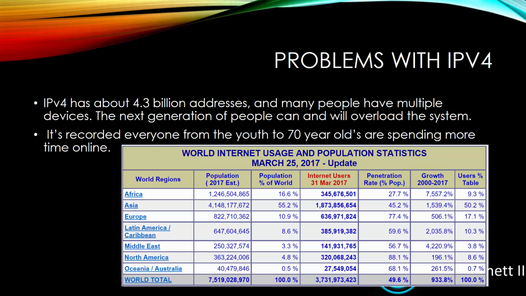Currently, there simply are no more addresses. The IANA gets the addresses, the RIRs buy the addresses from them, and the ISPs, your internet service provider, buy from the RIRs.